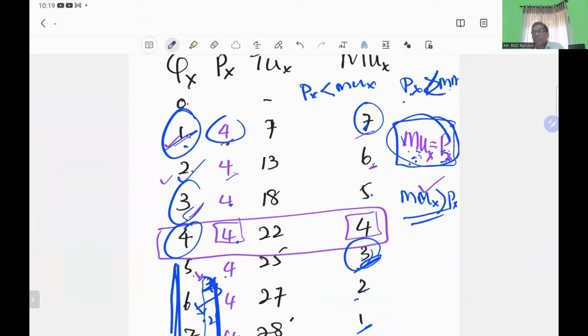Now I will explain the water diamond paradox. Water is needed for our life. Without water, we can't live. That is needed. But diamond or gold is not needed. Without diamond, we can live.